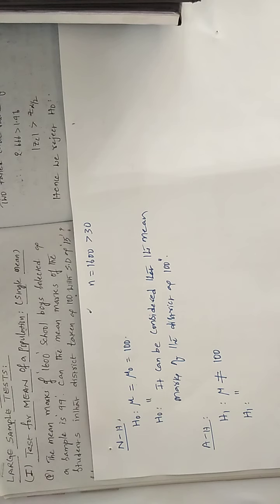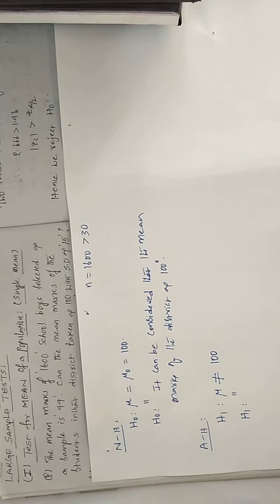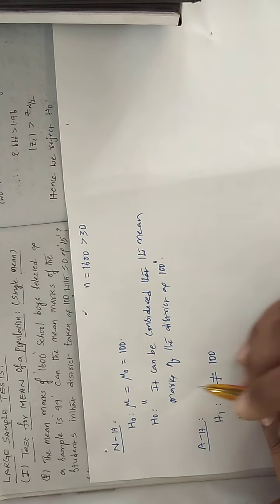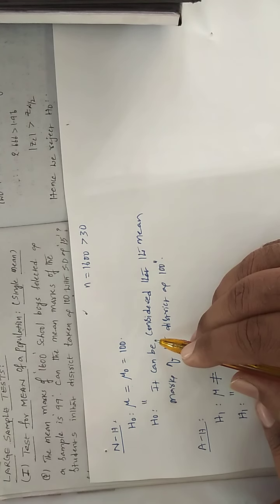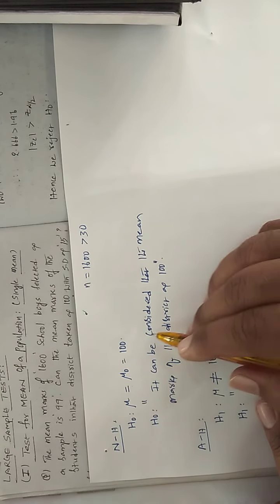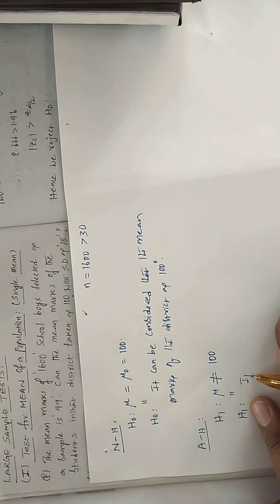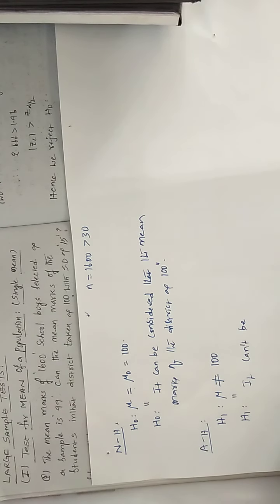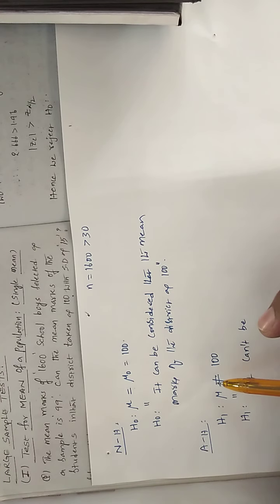It looks attractive, and that's why I suggest you see the textbooks. For this opposite sentence, what can I write now? It cannot be. The verbal should match with the notation.